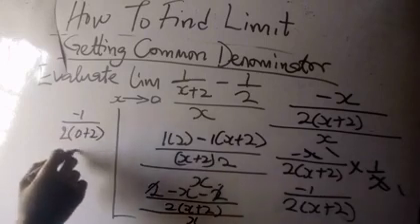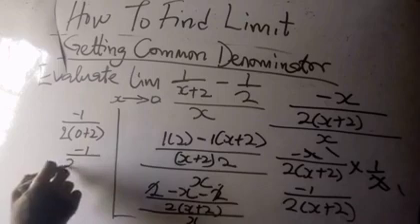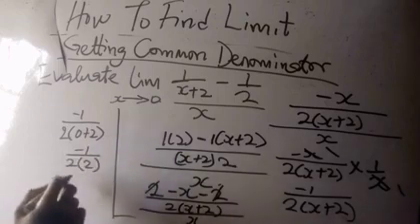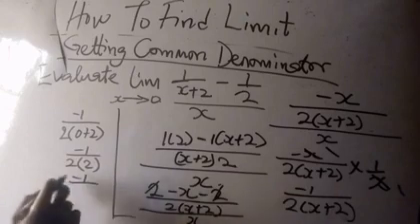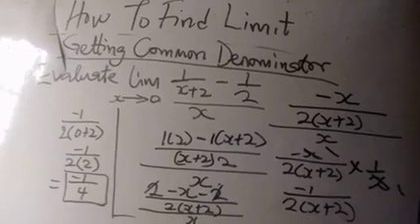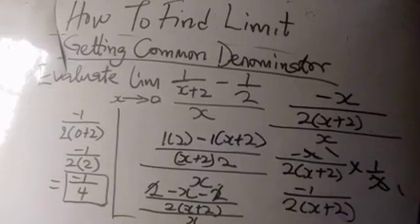So we have minus 1, and 0 plus 2 is 2. Our final answer will be minus 1 divided by 2 multiplied by 2, which is 4. Our final answer is going to be minus 1 divided by 4. So there is a limit in this example given unto us. There is a limit in it.